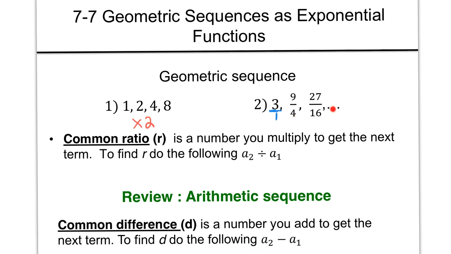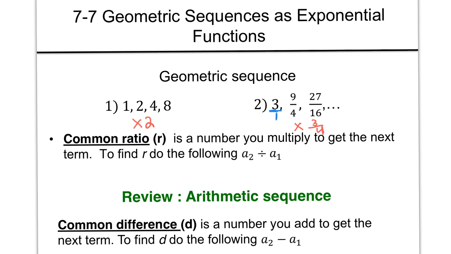And notice we have dot, dot, dot. This means that it keeps going and going. So you can have more fractions. But the number that you are multiplying, let me put that here, you are multiplying times 3 on the top and 4 on the bottom. So you are multiplying by a fraction, 3 over 4.